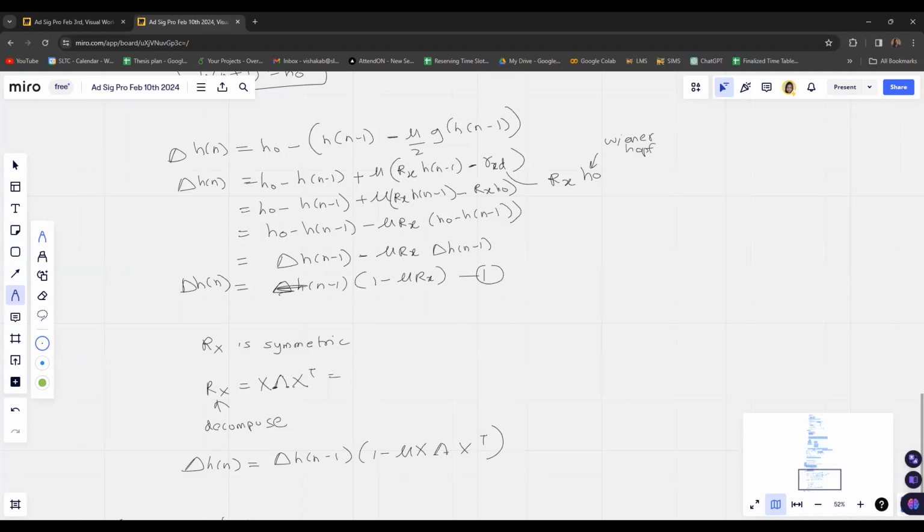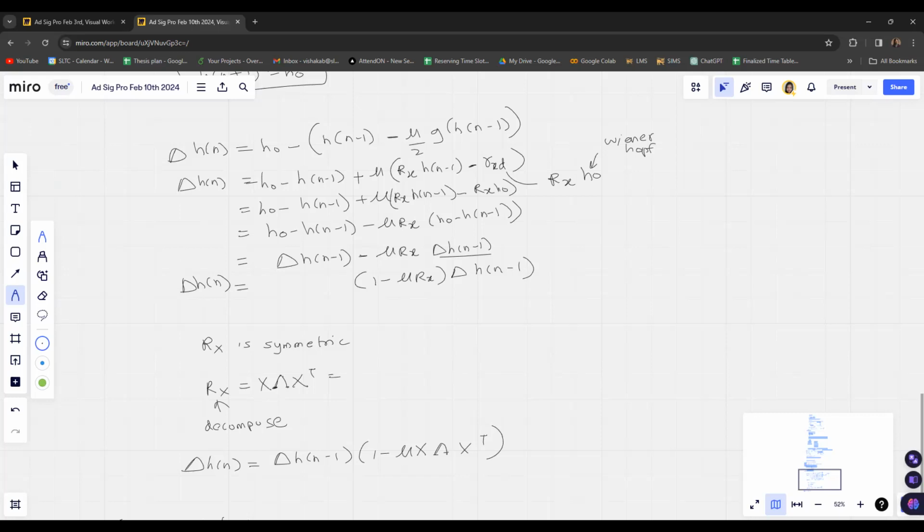In here, by considering the order of the matrix placement, I have to keep the Hn matrix at the back of this expression, because here the Hn minus 1 is at the back of this mu Rx. So in order to retain the matrix properties, I need to keep it here. I have to make sure they are in correct order. Sometimes you have to consider the order of the matrices when you're writing them to get the correct effect. So in here, the delta Hn minus 1 is at the back.